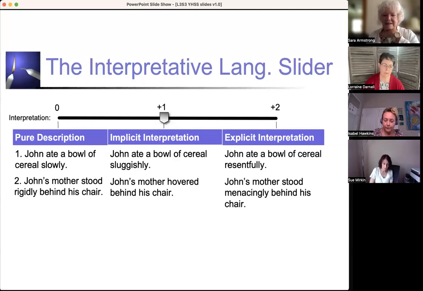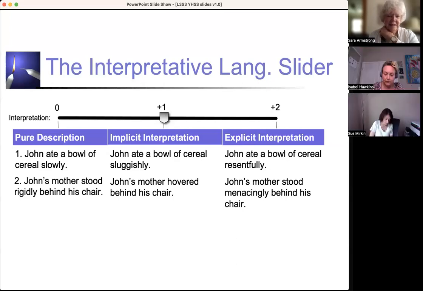Hovered gives us a sense that she's kind of looking a little bit at scans, but it doesn't nail it down. It just pushes us in that direction. Make sense of her?